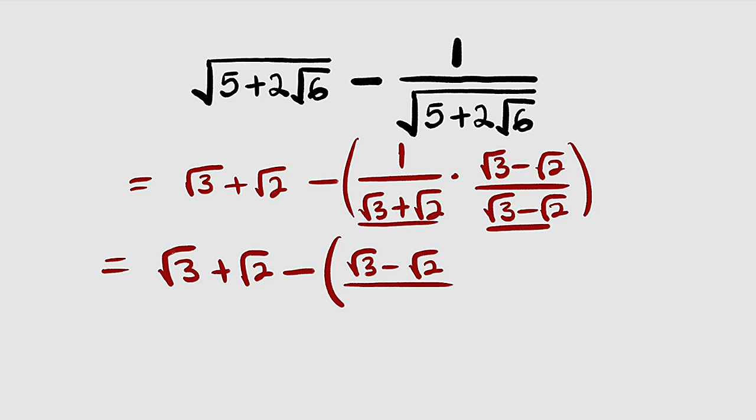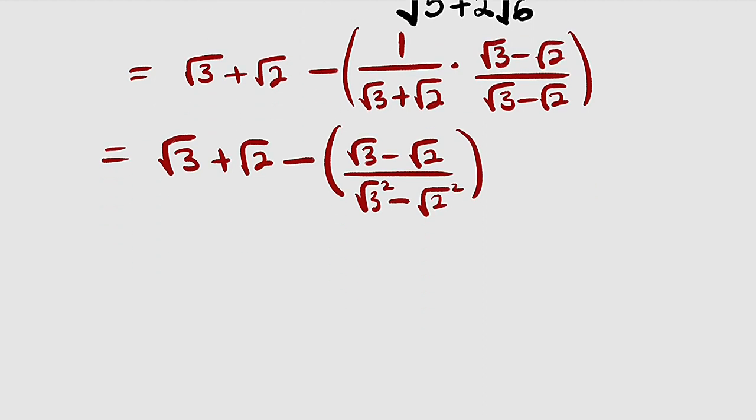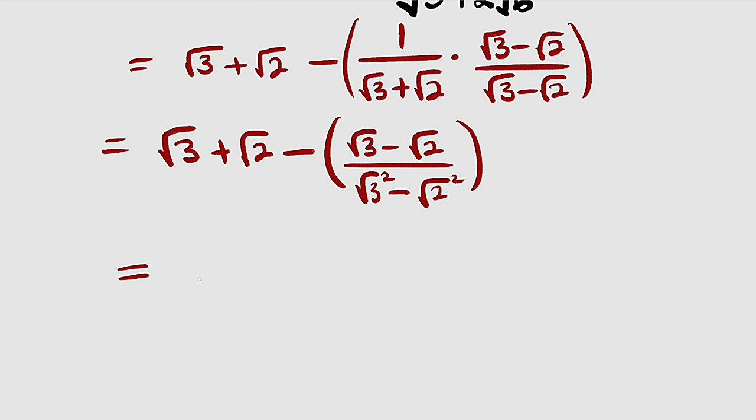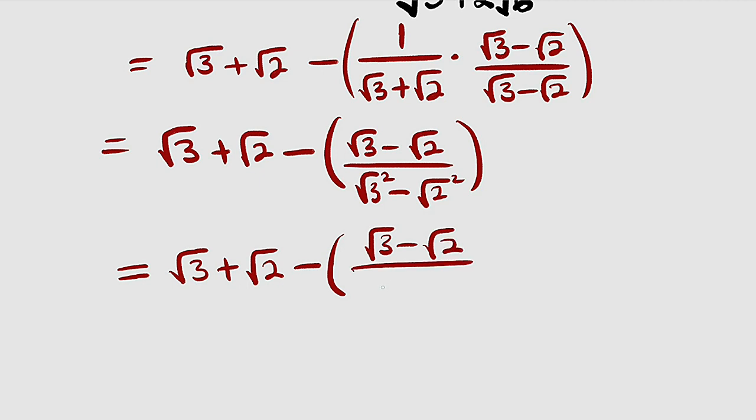If you multiply them together, it is just a difference of two squares. You take the first one, you square that, you subtract, you take the second one, you also square that. This is equal to √3 + √2, then minus (√3 − √2), divided by √3 squared, which is 3, minus √2 squared, which is 2.